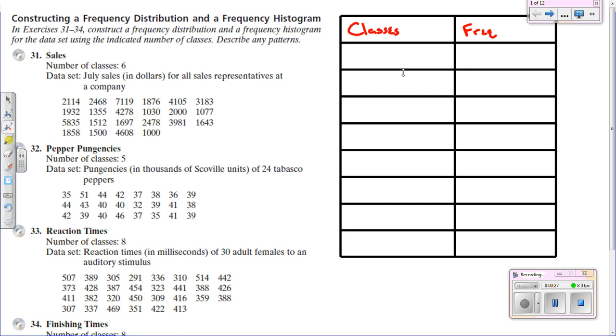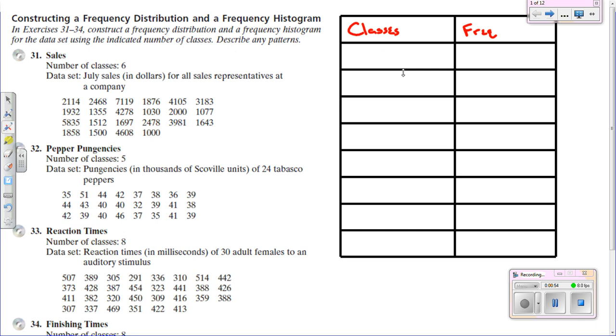We have to find the lowest number first, which I believe is 1,000. And then the highest number, which is 7,119.